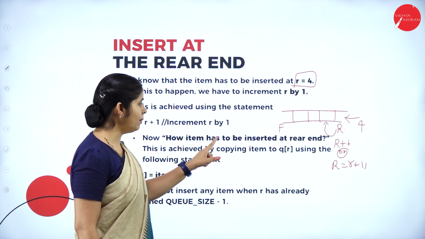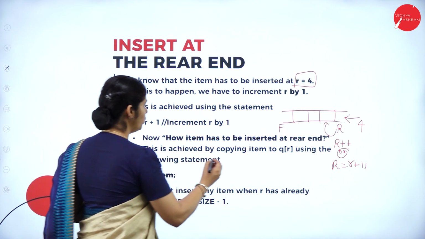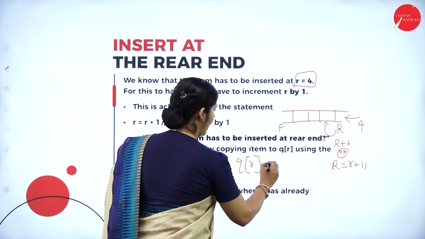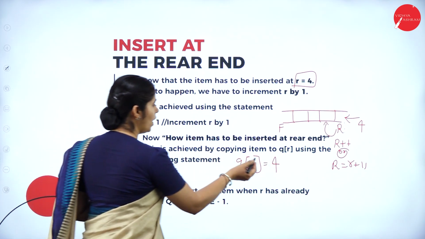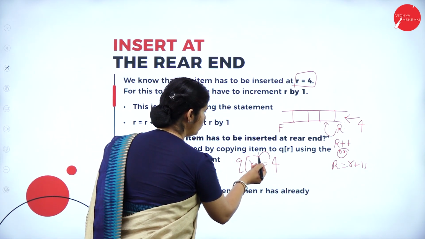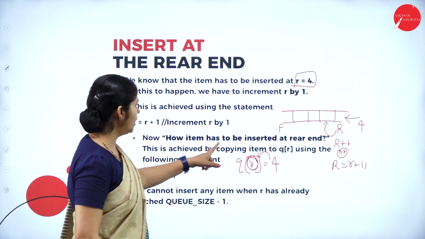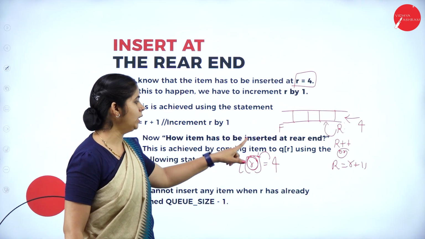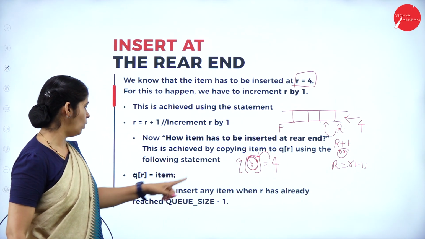Now how does the item have to be inserted after incrementing? We have to take the queue as Q, and we have to put the value 4 on that. Now we are assigning the value to this particular location. That is how the item can be inserted at the rear. This is achieved by copying the item to Q of R using the following statement.